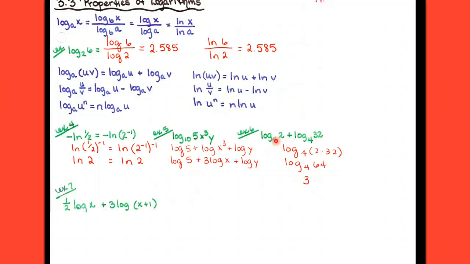All right, example 7, same idea. They ask us to condense the logarithmic expression, all right? So if I'm going to condense this, talk to me about some things we could do. I want to combine it into one single logarithm.